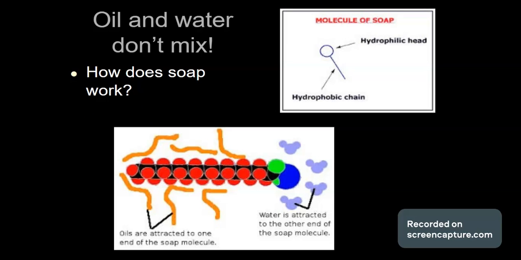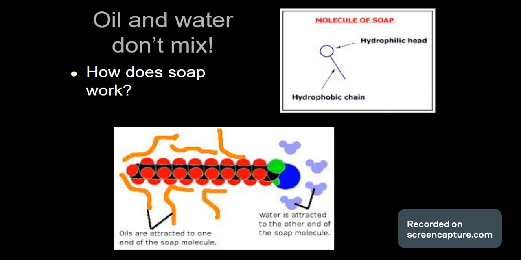So what happens is that you have something called a molecule head, if you will. A soap molecule looks like a stick figure with no legs, no hands, and nothing like that. You have the hydrophilic head, and then you have the chain beneath it. Oil is attracted to one end of the soap molecule, and water is attracted to the other end of the soap molecule. When soap and water mix with your body, they pull the soil off your body. Soil is basically a mixture of dirt, sweat, and oil-based compounds.